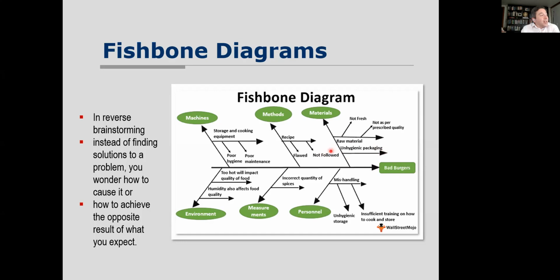So unhygienic packaging, the recipe is bad, the food is mishandled, the spices are incorrect quantity, the humidity makes the bread soggy. You think of all the negative or unhappy aspects, and that can be a way of then innovating to create ideas to create the good outcome.